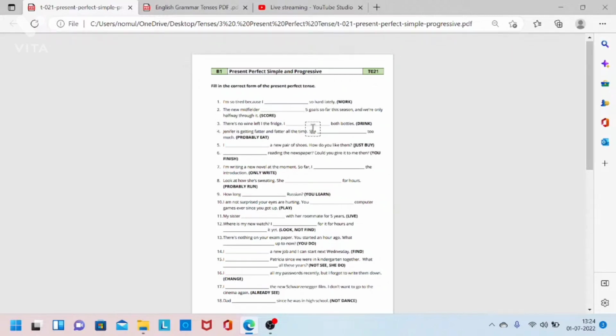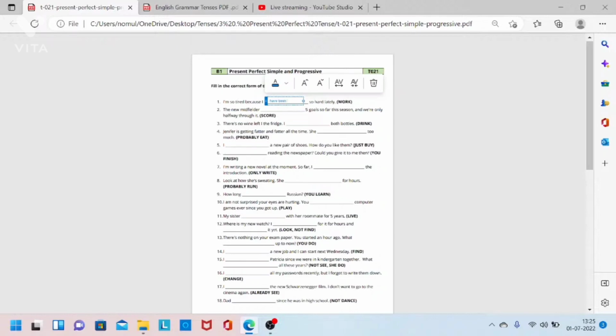I am so tired because I danced so hard lately. So what we have to use here, as I already said, subject plus auxiliary verb plus main verb. We already know that the auxiliary verb we have to use is have. Here, I am so tired because I have been.